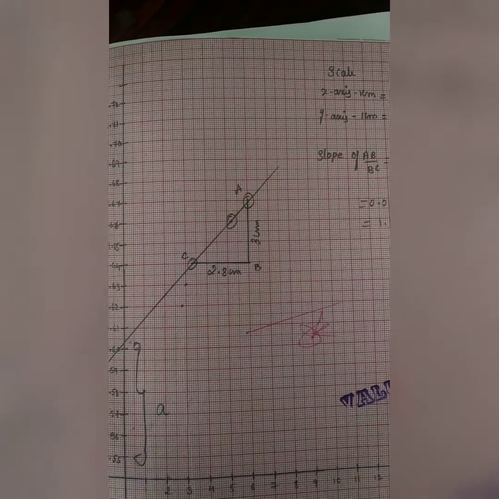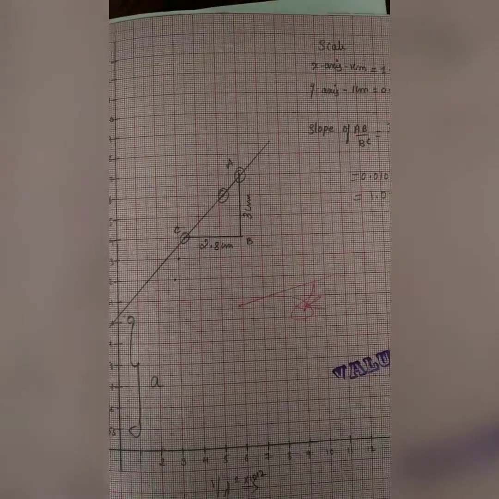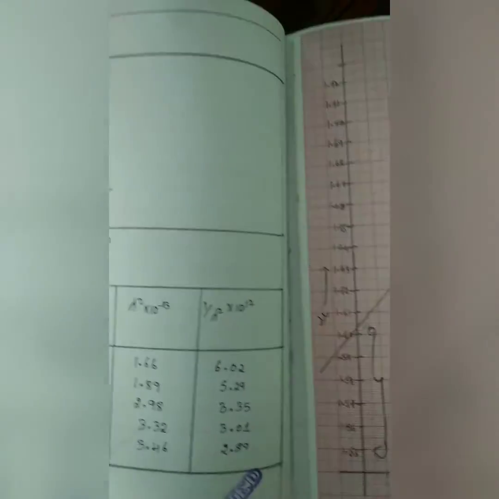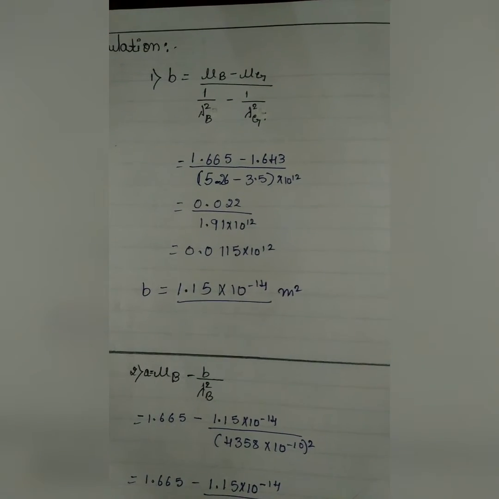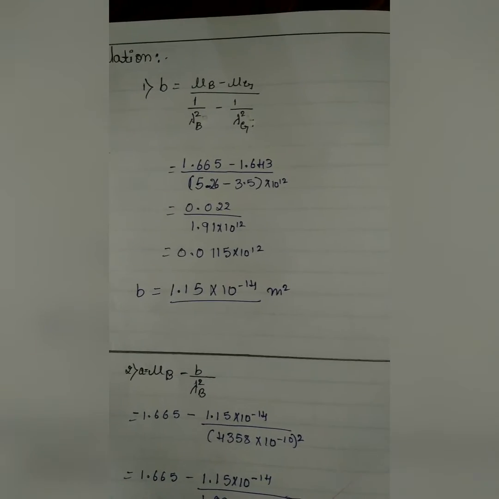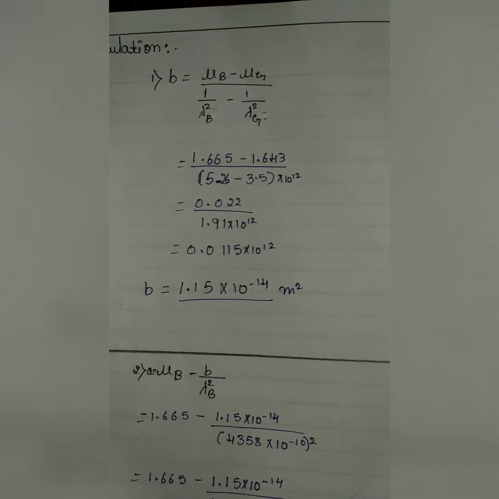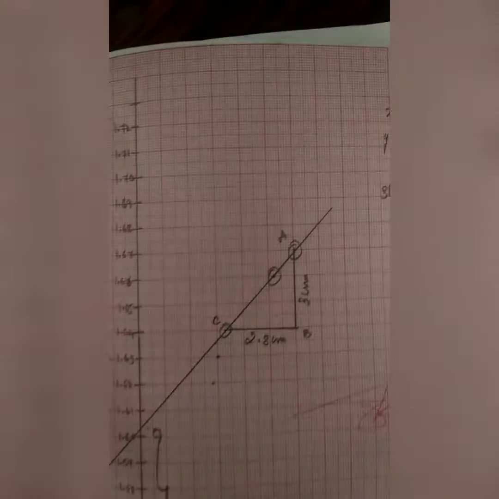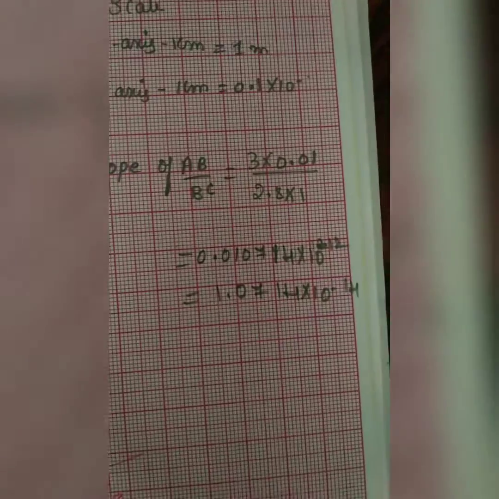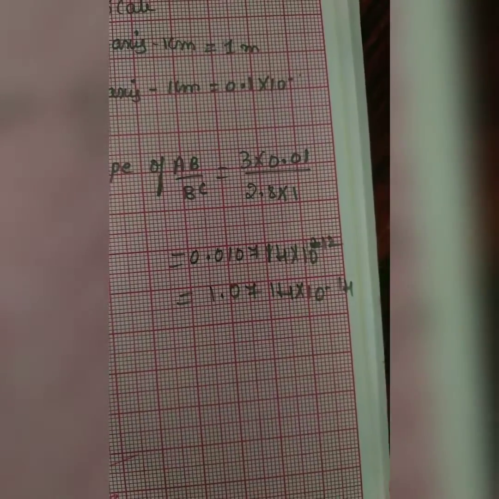The value calculated from the graphical method matches the theoretical value. In this experiment, the theoretical value is 1.15 into 10 to the minus 14, and the graphical method gives 1.2 into 10 to the minus 14.